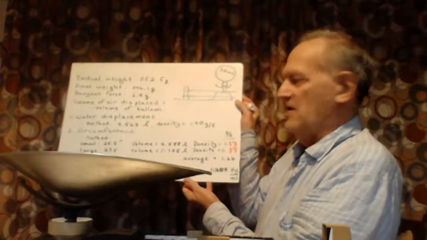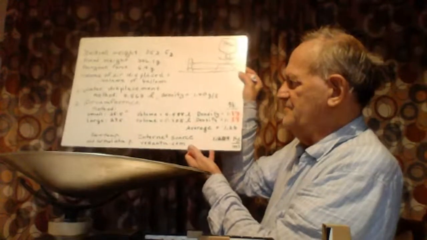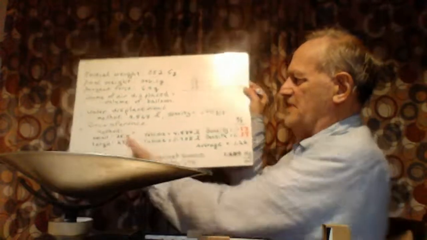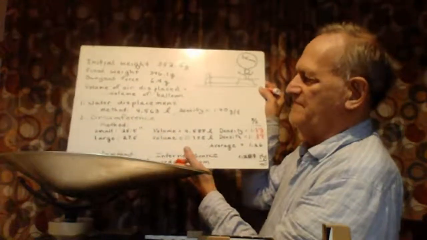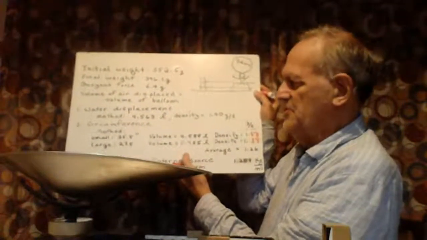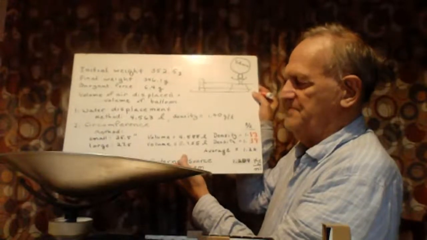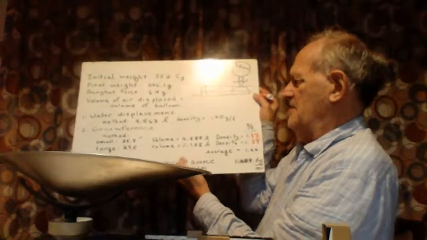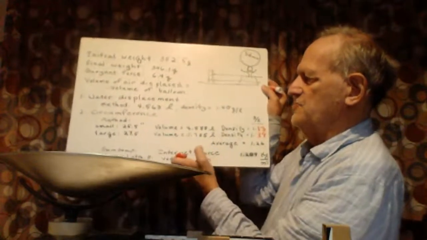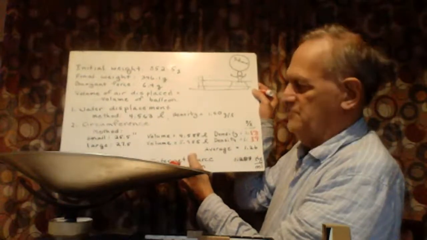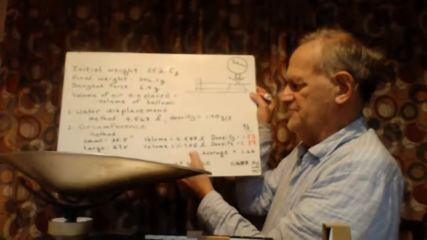And then we did the larger volume. Actually, I should mention that the original circumference was 25.5 inches, which we converted to meters. And the large one was 27.5, so it was a larger circumference.